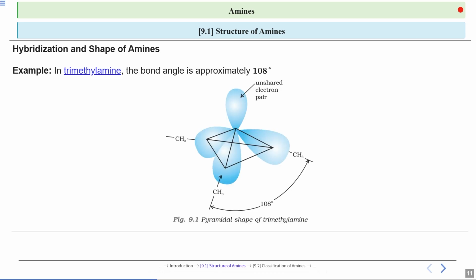If you look at this example, this is trimethylamine. You will see 3 methyl groups are bonded to this nitrogen and it has one unshared electron pair. So the bond angle is 108 degrees, which is slightly less than the ideal tetrahedral angle. This is because of the lone pair and bond pair repulsion. We have a bond angle of 108 degrees.